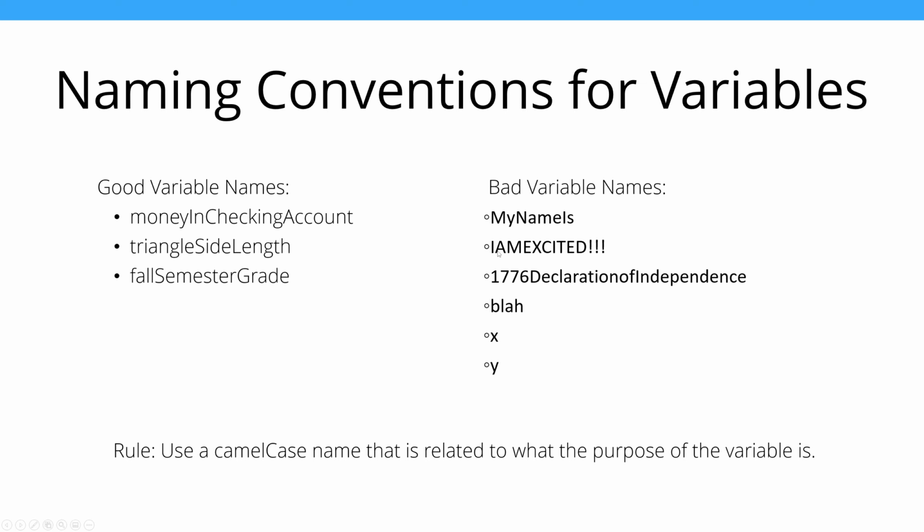Now, bad variable names start with a capital letter, have punctuation, or not punctuation, but special characters, start with a number, or have non-descriptive names like blah or x and y. This is called camel case, and again, the reason we do this is because of convention.